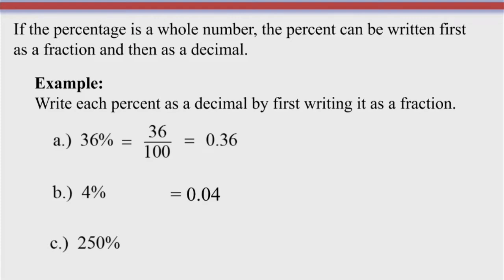This one's already finished, but we're going to go ahead and, if we have the percent, 4%, we could write it as a fraction first, 4 over 100, and 4 over 100 is 0.04. 250%, we could write as a fraction first, it's 250 over 100, and then we can write it as a decimal, and it's 2.5.